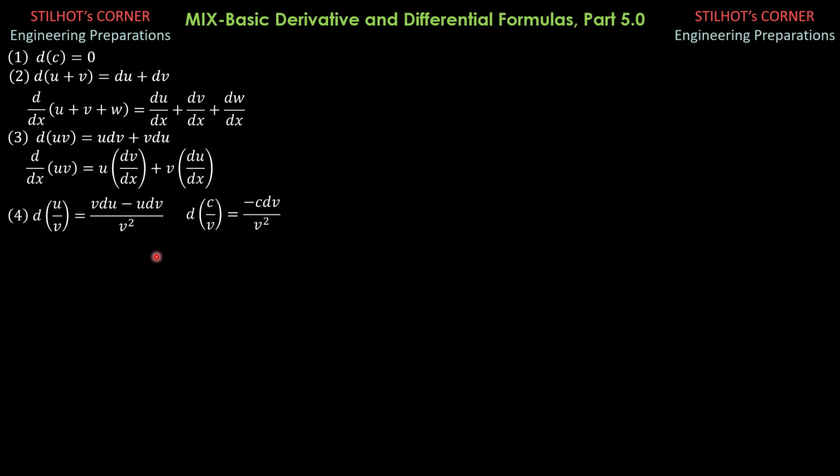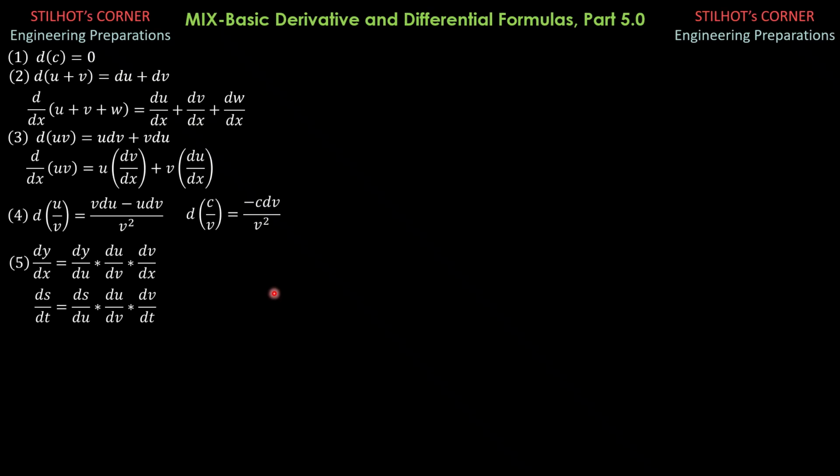Then this is the chain rule approach. So dy dx, you may pass through different variables: dy du times du dv times dv dx and so on and so forth, as long as the net derivative is dy dx. So ds dt is ds du times du dv times dv dt.